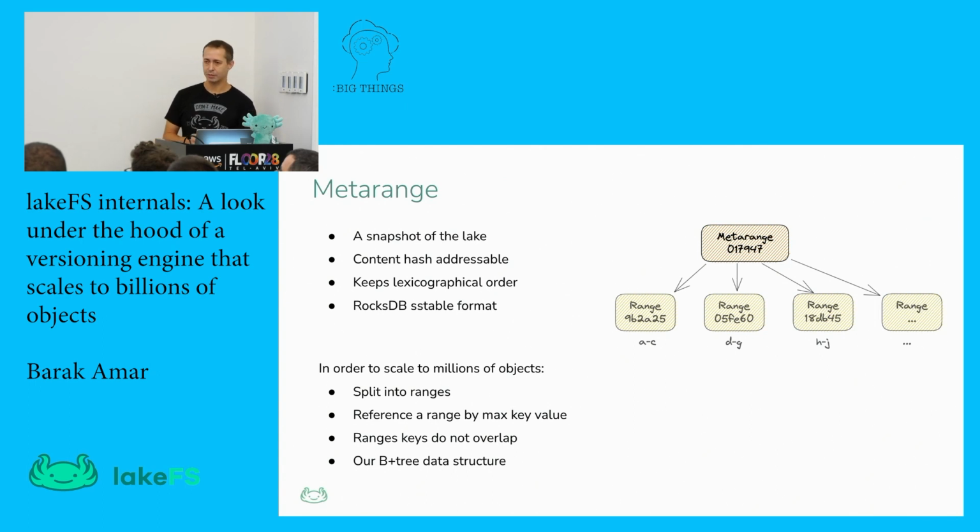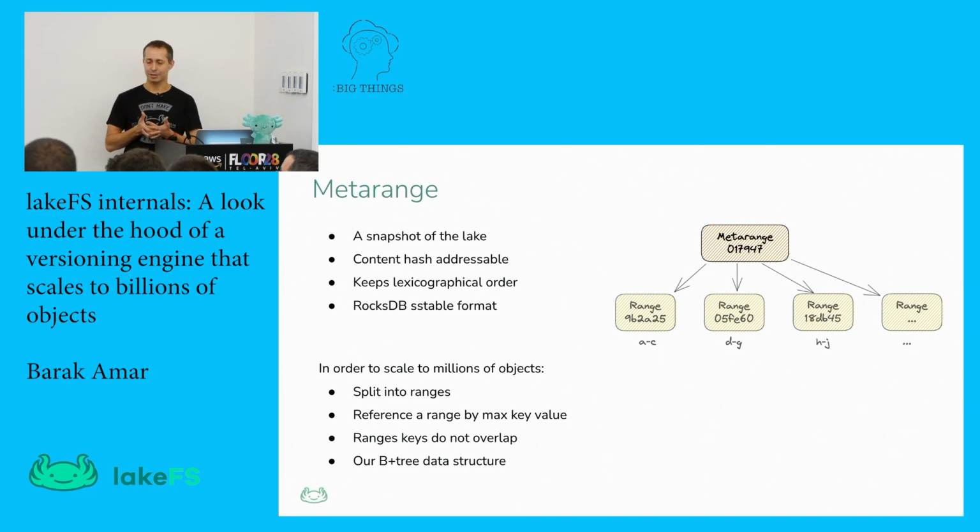So what's a meta range? We took the same concept as Git. That means that the content of the meta range is kept in the same location based on the hash value of the data. That means that if I'm looking at the same thing, I'm looking at the same file because I'm looking at the same content.